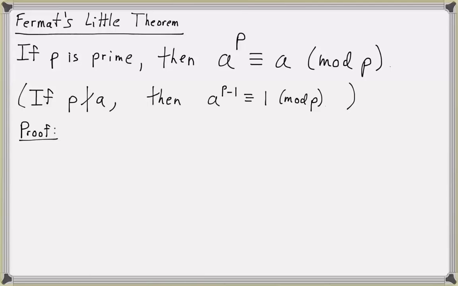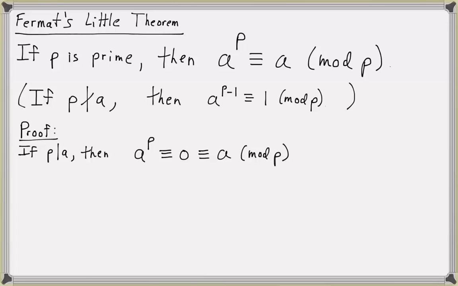So if p does divide a, then a to a power p is still a multiple of p, so therefore that would be congruent to 0 mod p, and that would be congruent to a mod p, which is also a multiple of p.